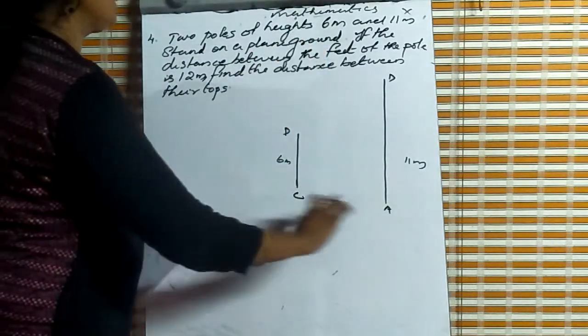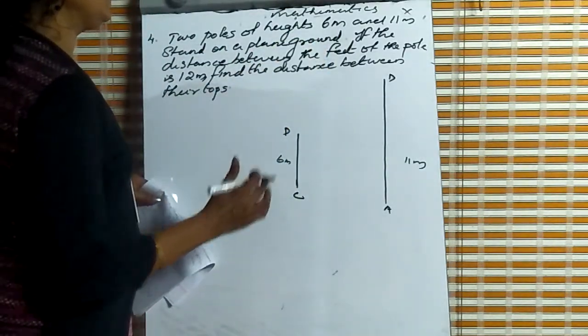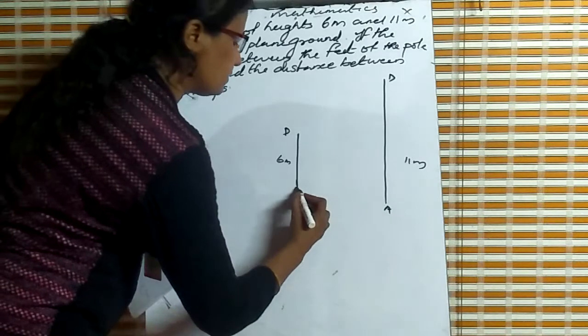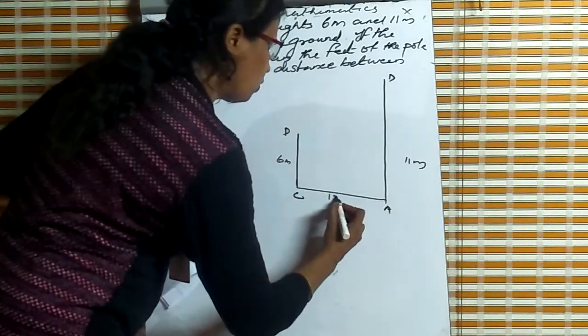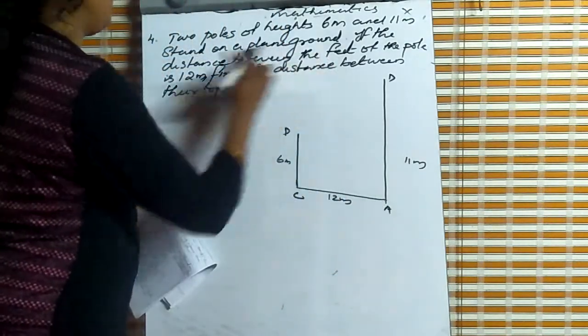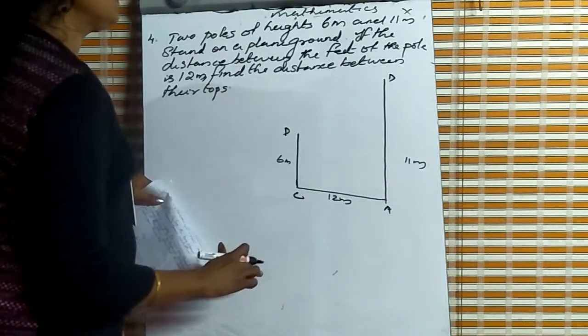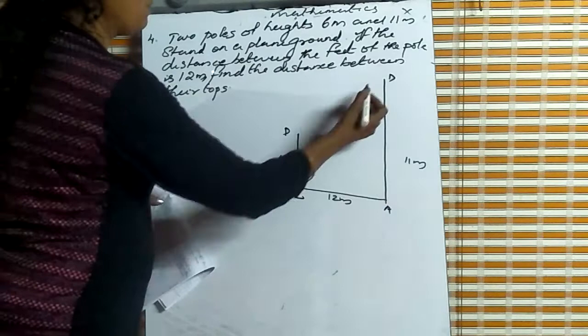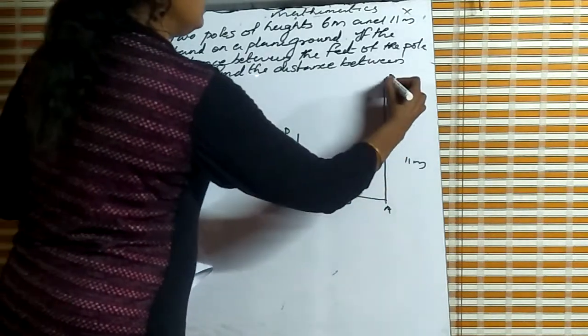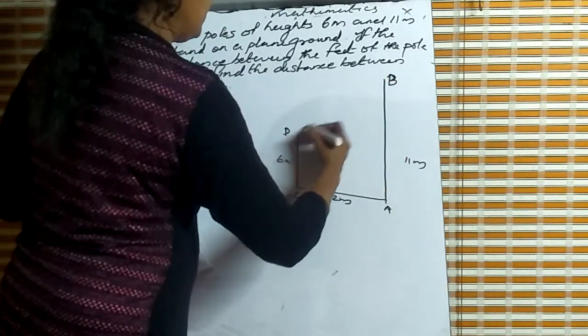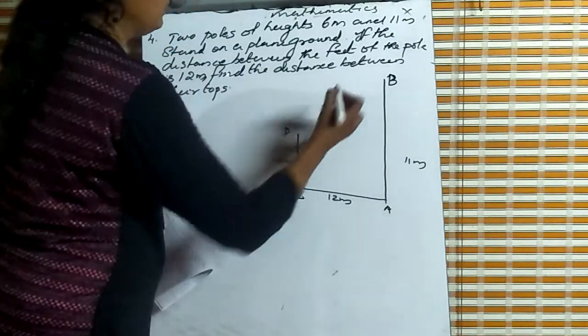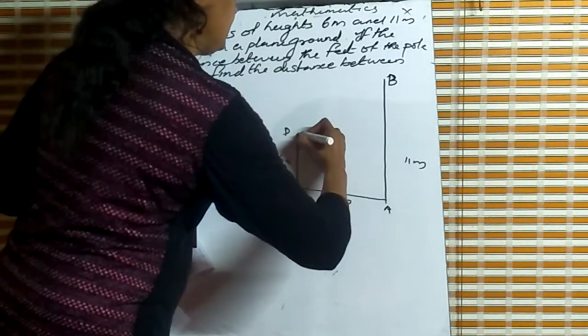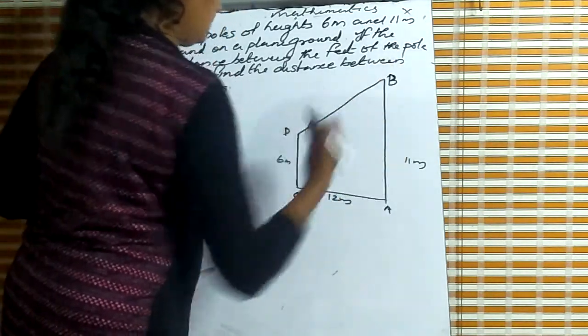The distance between the feet of the poles is given as 12 meter. Find the distance between their tops. Their tops means, this is AB, tops means BD. To find the length BD is the question.